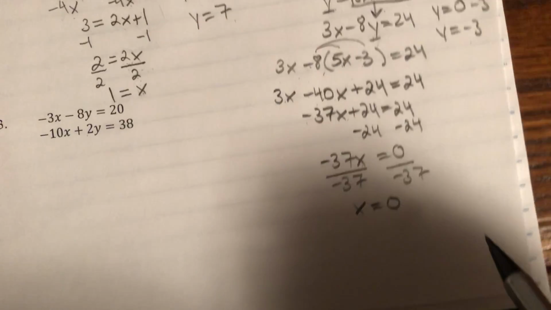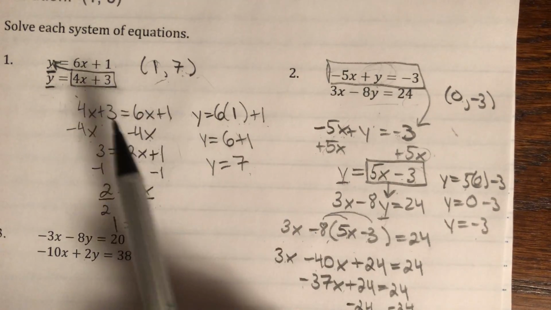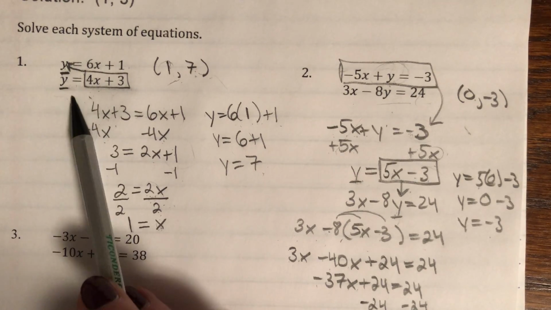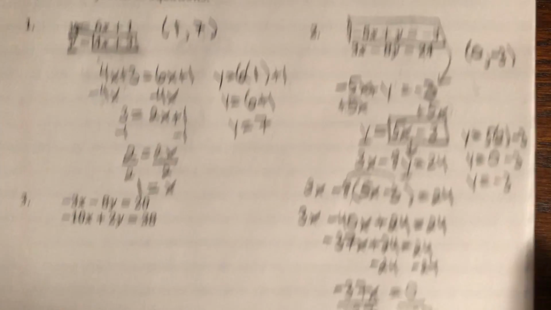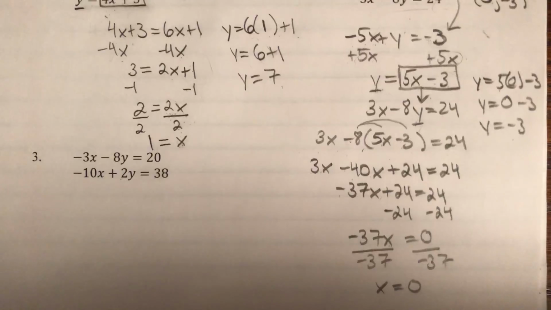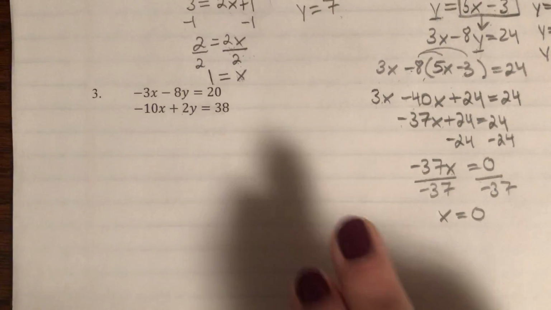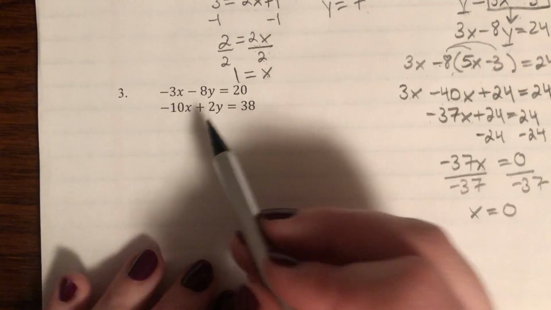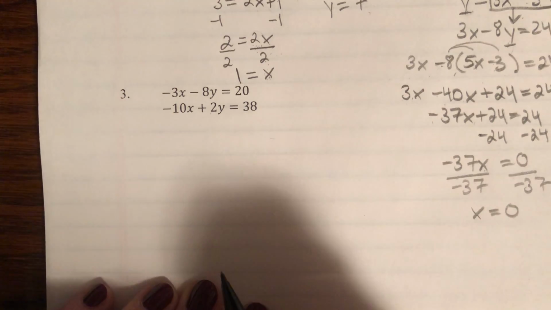Based on the length of this problem compared to the first, you can see exactly why I said that it's really nice when they're already solved for y. Now this last problem. This last problem is slightly more complicated, but not really all that much more complicated.